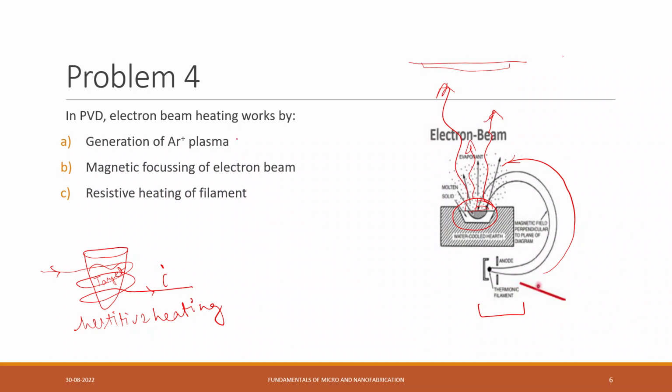In argon plasma, ionized gases would be involved, but here no ionized gases are involved, so argon plasma is not what we are discussing. Magnetic focusing of electron beam is what we saw here. Resistive heating of filament is another technique of heating, but this is not what we are discussing. I hope the things are clear.